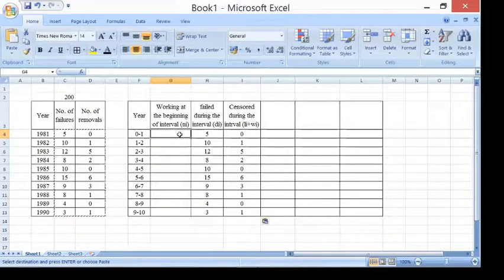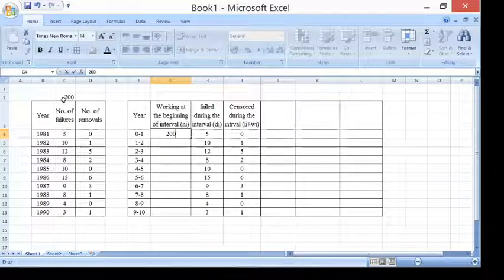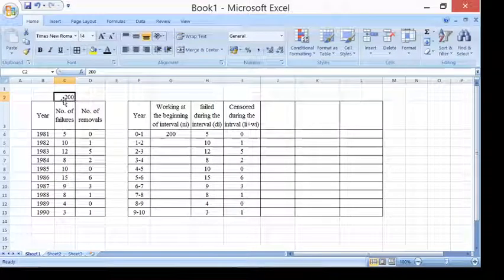If we consider this data, the number of components available at the start of the first interval was 200. It is provided that there were 200 engine aircraft at the start of the year 1981. Out of these 200, 5 failed during that year and 0 were censored.